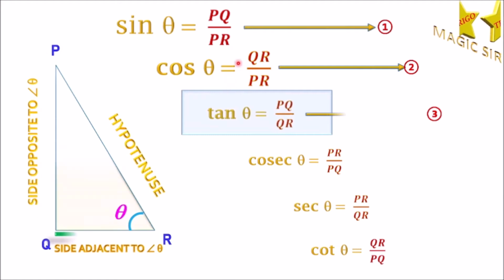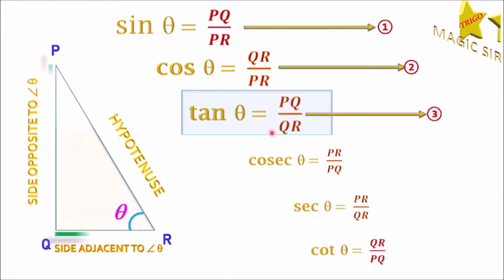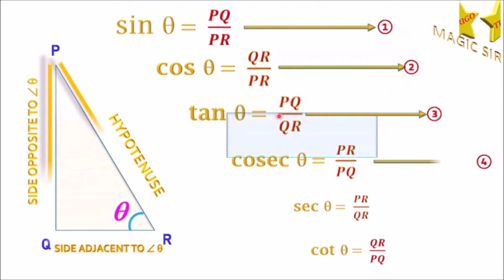Third, tan theta is equal to PQ upon QR. That is side opposite to angle theta upon side adjacent to angle theta is equal to PQ upon QR. So tan theta is equal to PQ upon QR.